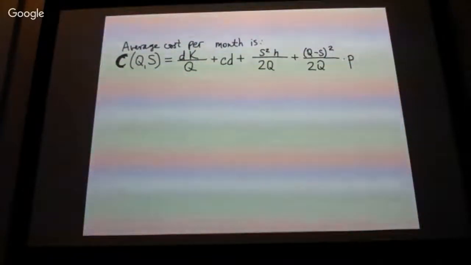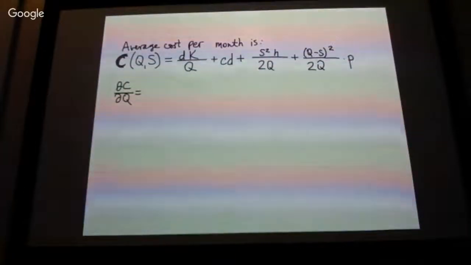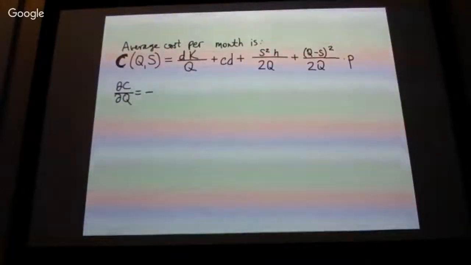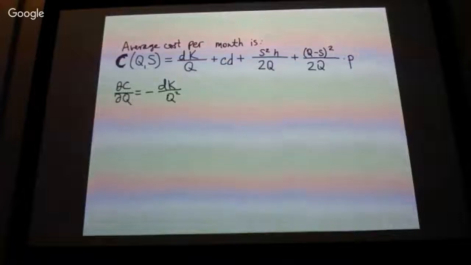Now it's two variables, so you take the partial derivatives. Well, dC by dQ is minus DK over Q squared. CD disappears.